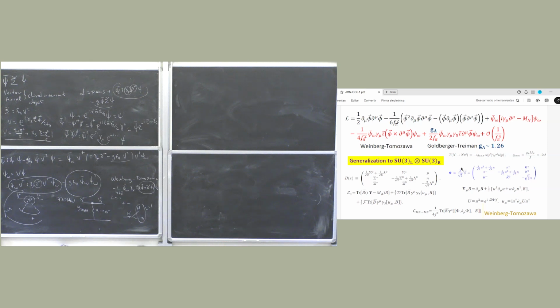I told you the first day, I will focus on the Lambda 1405. Understanding the Lambda 1405 really represented a revolution in the field. But the Lambda 1405 is going to be dynamically generated, and I will explain what this is, by the Bember-Tomosawa interaction.